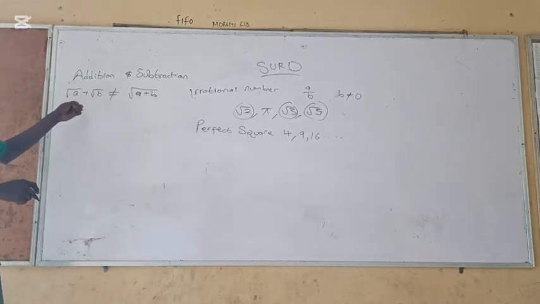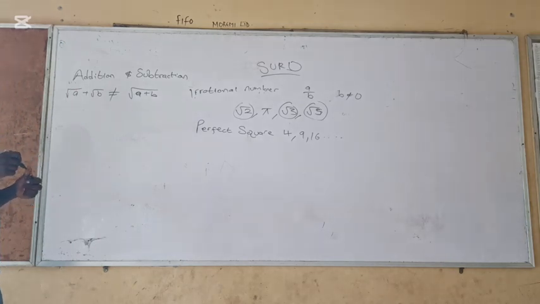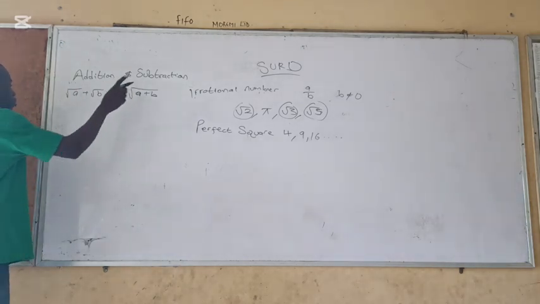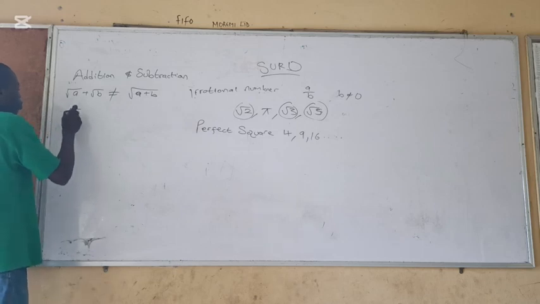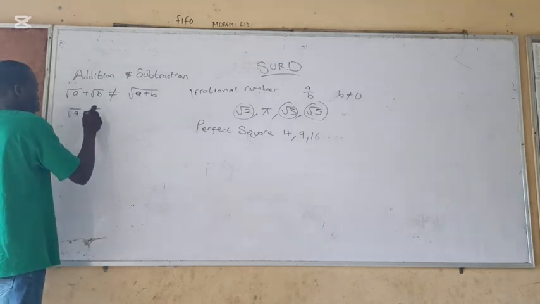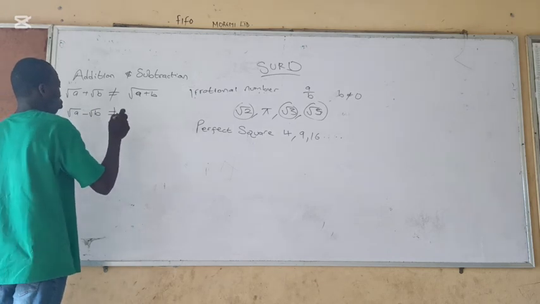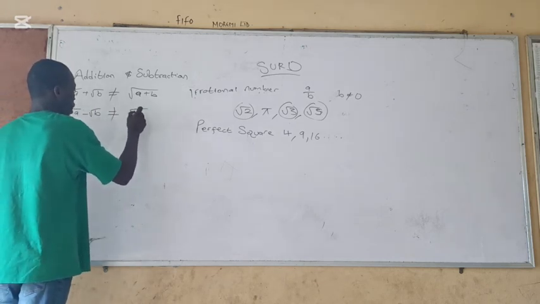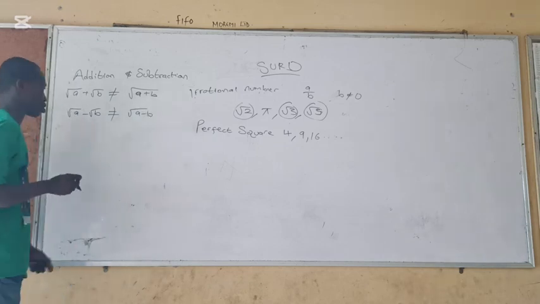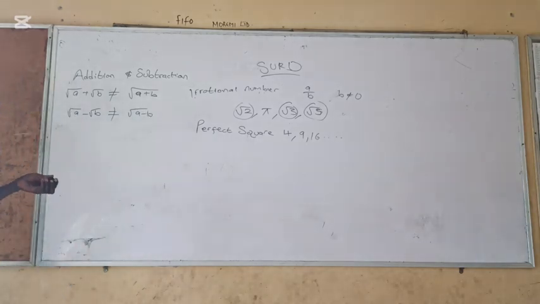Note that these are not equal in surd. Also for subtraction, root a minus root b is not equal to root of a minus b.